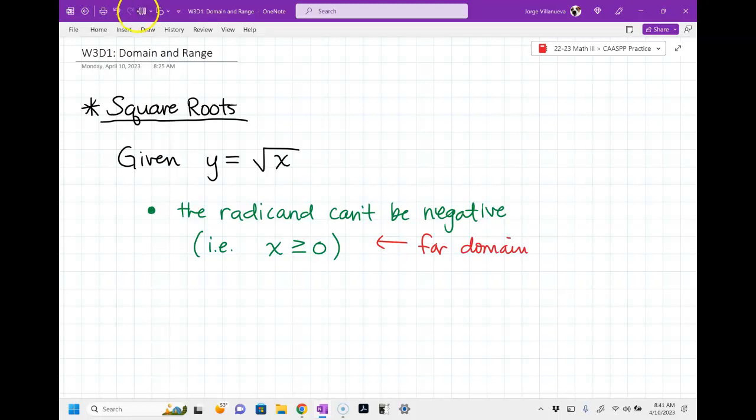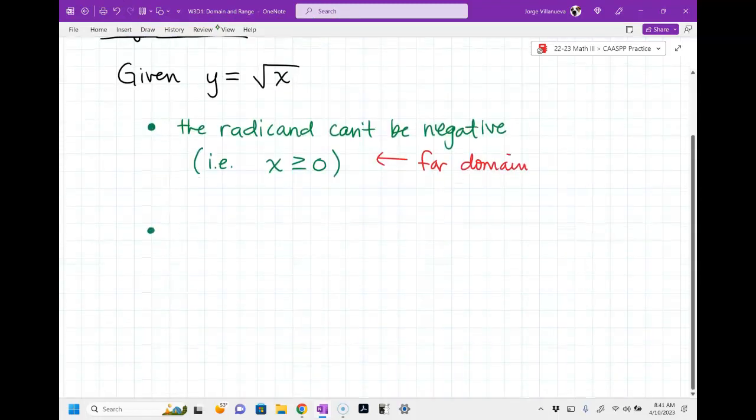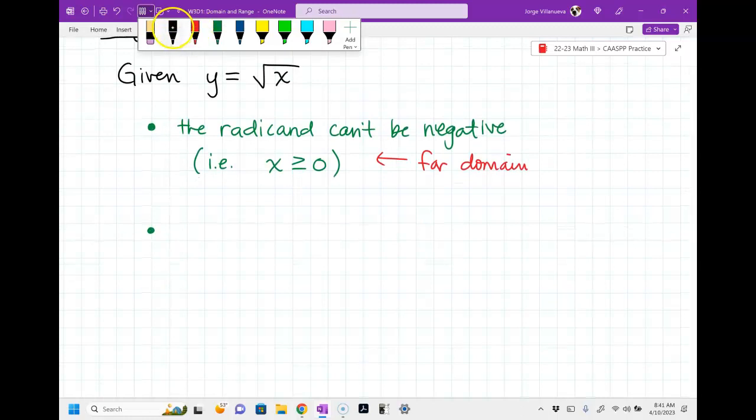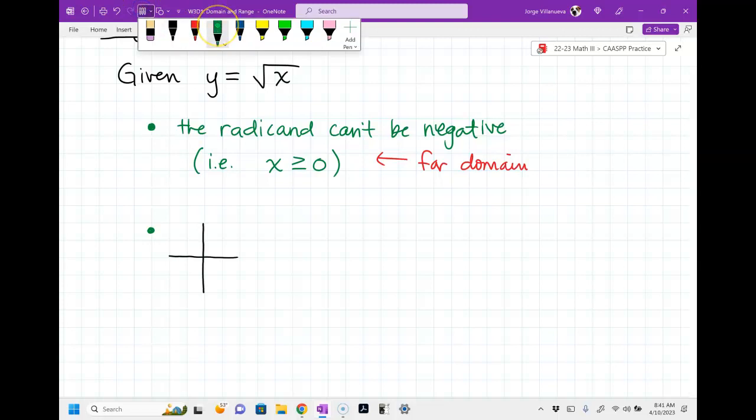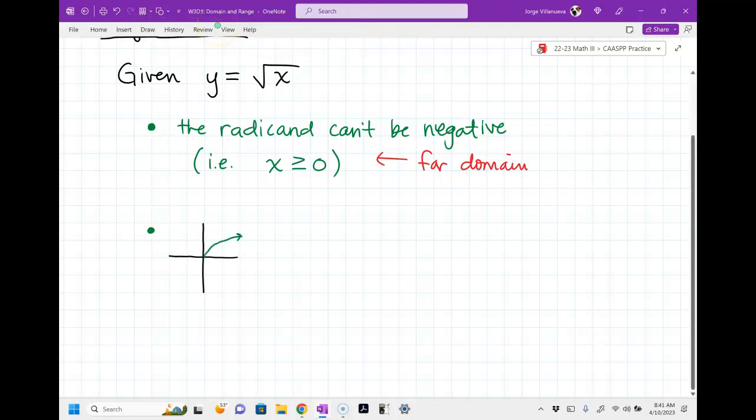Now, another thing that you're supposed to know about square roots, in this case, the square root of x. I'm just going to draw a really quick sketch of one, okay? Nothing too perfect here. They look like this. That's what y equal to the square root of x looks like.